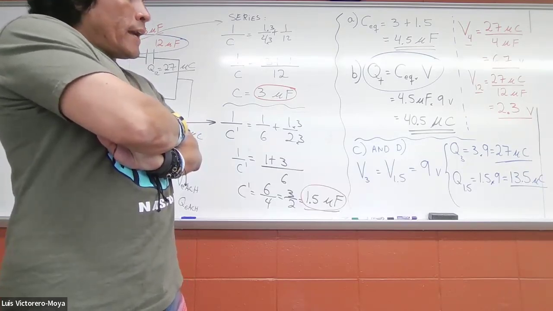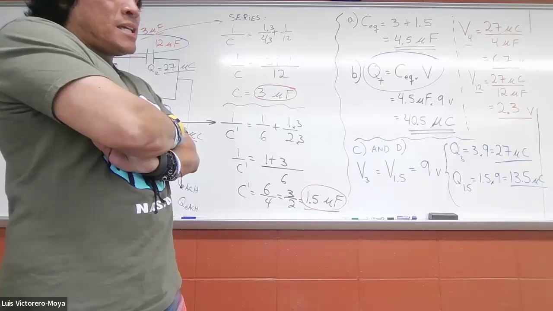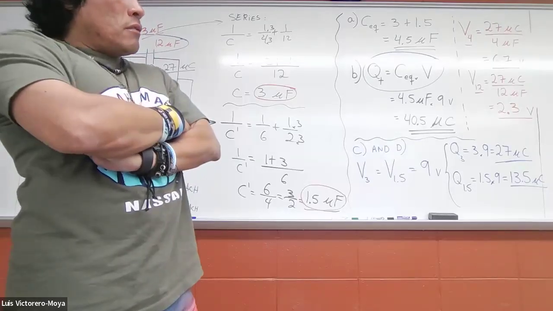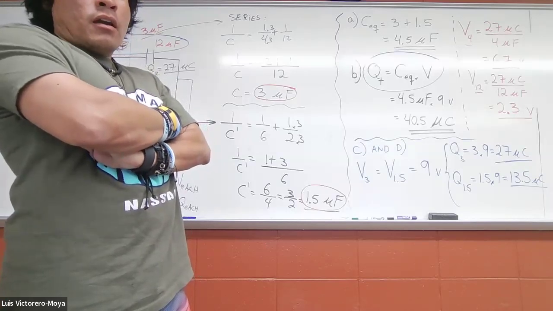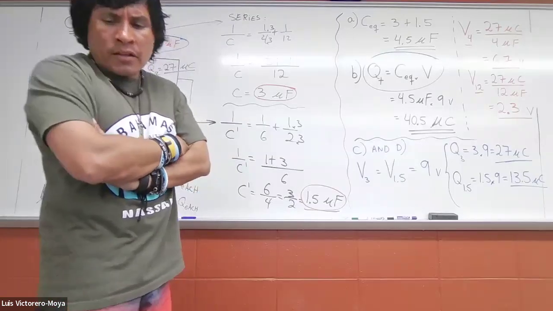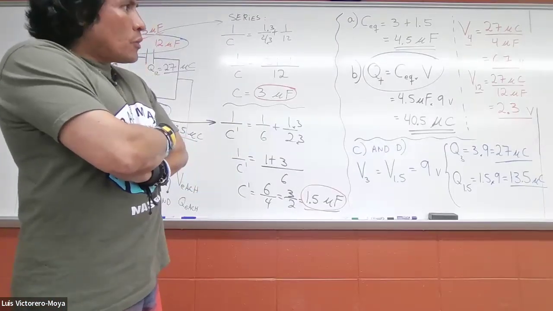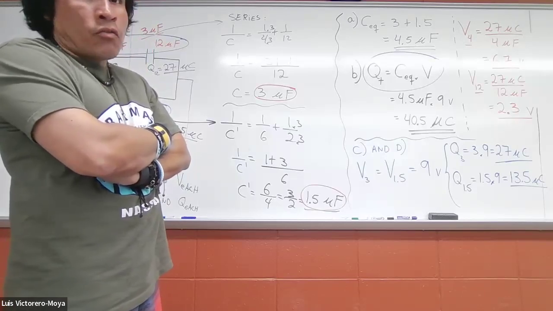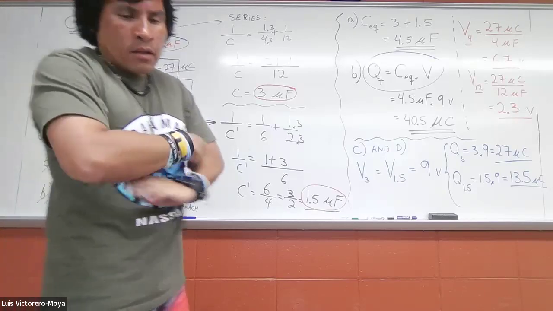All right. Again, in the assignment, you have at least three circuits like this. After the capacitance problems, the ones that we did at the beginning of class, you have questions like that involve circuits. All right.